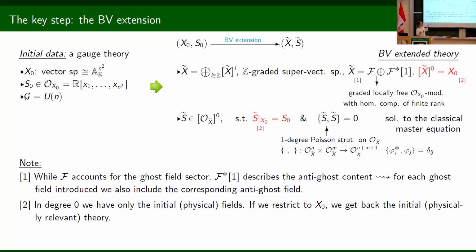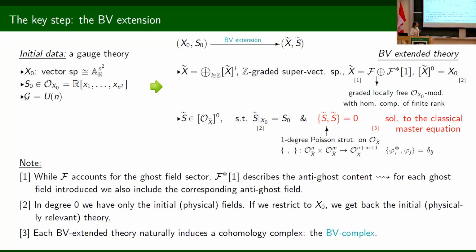The second condition is something natural. We don't want to change our initial theory. So if we restrict to degree 0, we want to go back to what we had. So the degree 0 part of this graded supervector space is just your initial configuration space, and similarly for the action. The third condition is for this new S tilde, a regular function, this time involving ghosts and anti-ghosts as extra terms. We ask that it is a solution of the classical master equation.